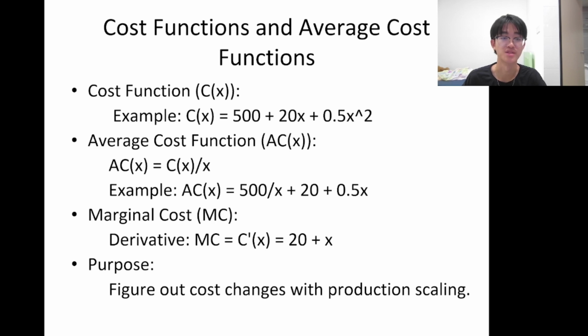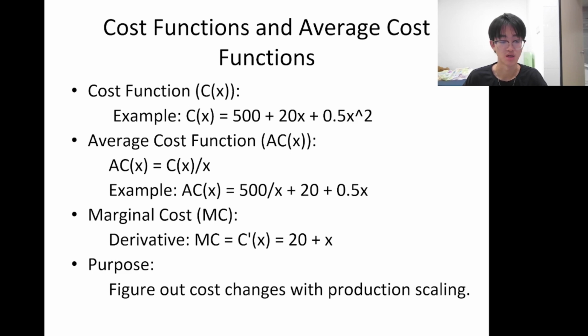Let's start with the cost functions and average cost functions. Cost functions are denoted as C(x). C(x) represents the total cost of producing x units.